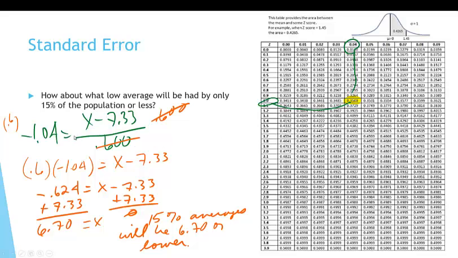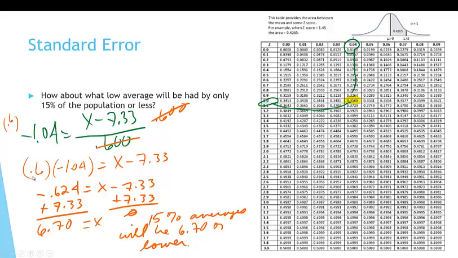So we're going to plug that into our z-score. And we get 1.04 equals x minus 7.33, which is our sample mean, over the standard deviation of the means, the standard error, 0.600. Then we just cross multiply, get rid of our denominator.